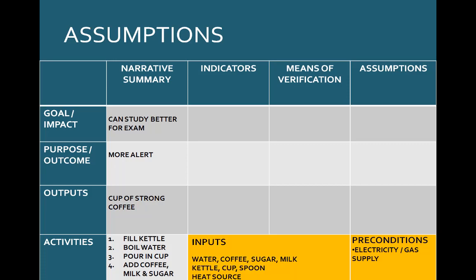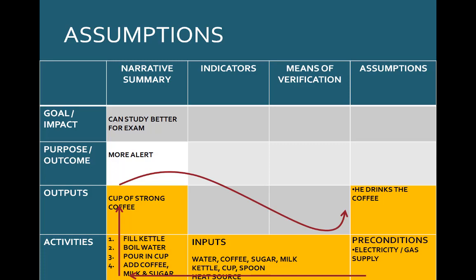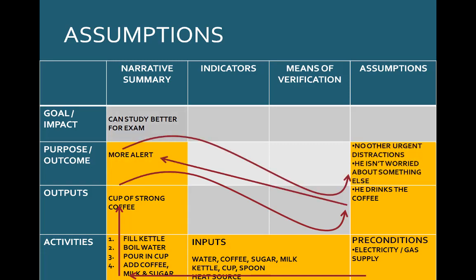If our preconditions are true, we can use our inputs, and we can do our activities, and we can make that cup of coffee. But will it make him more alert? Only if he drinks it. But what if he does drink it, but he's distracted by something else? Or something else pulls him away from his study books? Then, only if those are true, he can study better for the exam.